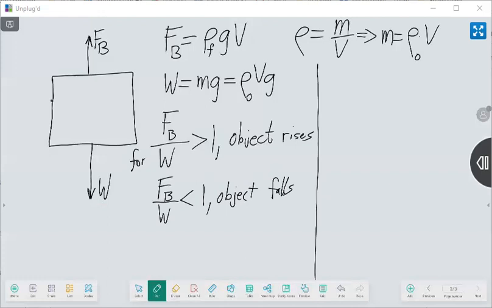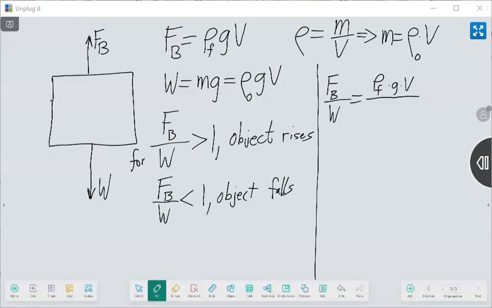FB is rho fluid times G times V, and weight is density of the object times G times V. So F buoyancy over weight equals rho of the fluid times G times the volume of the object.